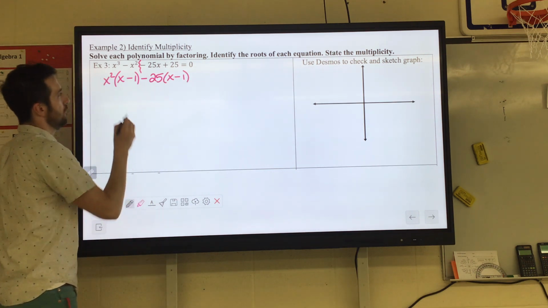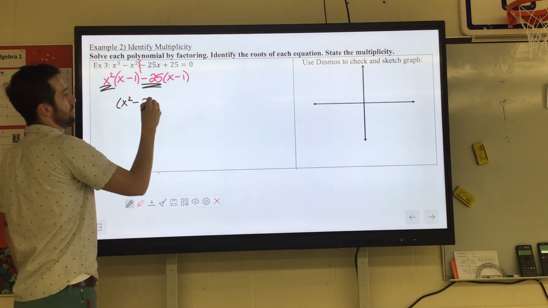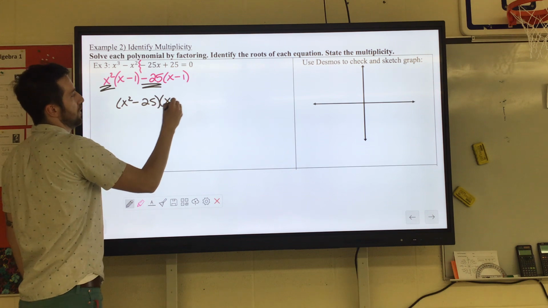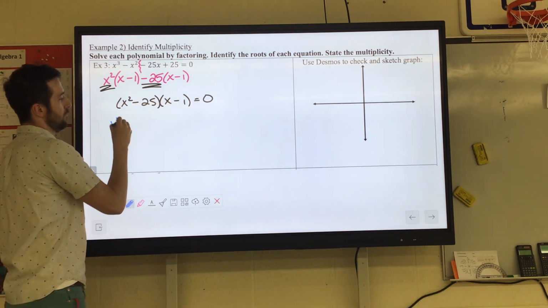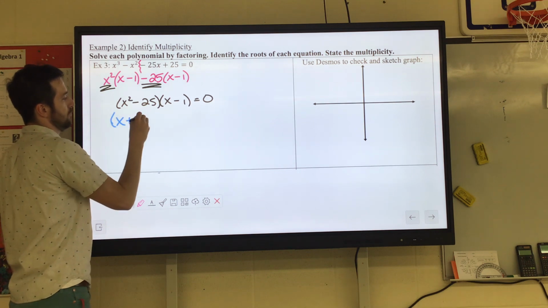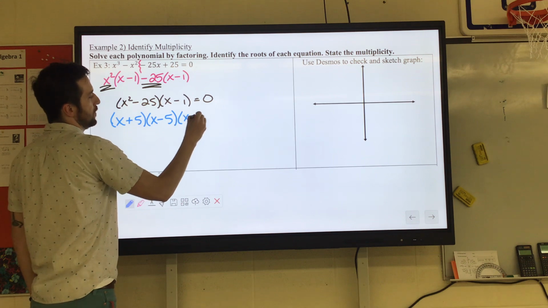So then if we're writing our factors, we have x squared minus 25 as one of them. And the other one is x minus 1. That x squared minus 25 is a difference of squares, so that would factor to x plus 5 times x minus 5. And then you have the x minus 1.